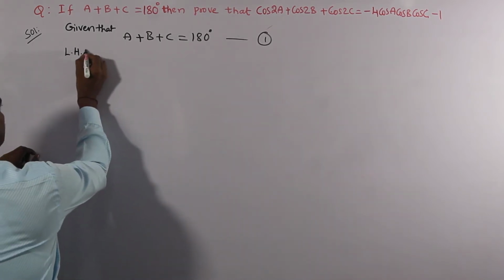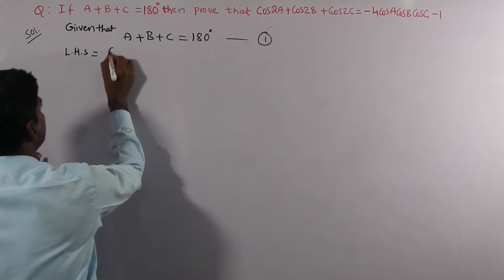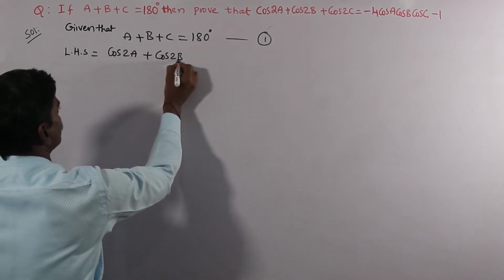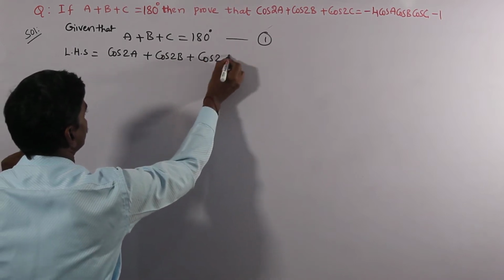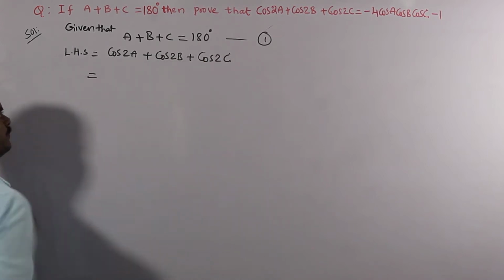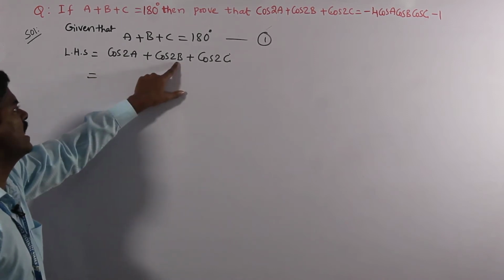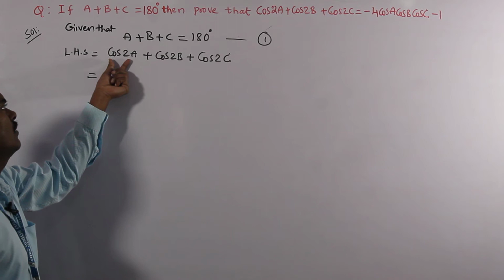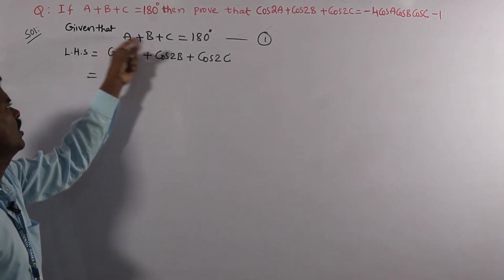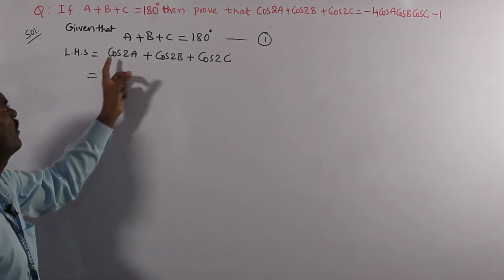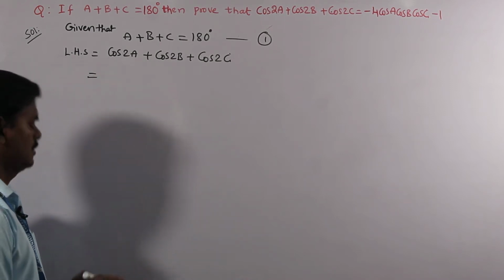Consider LHS: cos 2a plus cos 2b plus cos 2c equals. Now if you assume 2a as c and 2b as d, it is in the form of cos c plus cos d, a sum of ratios.